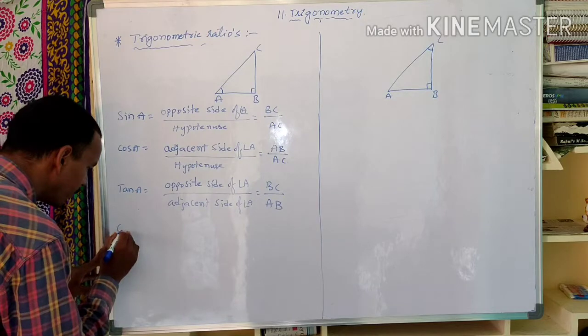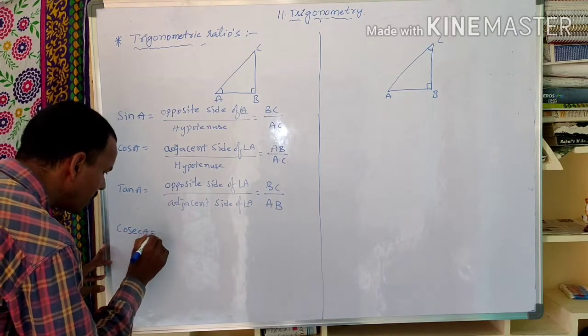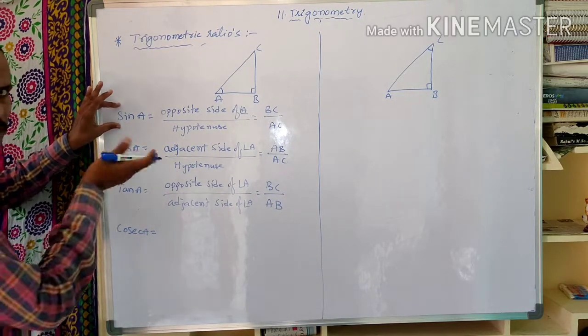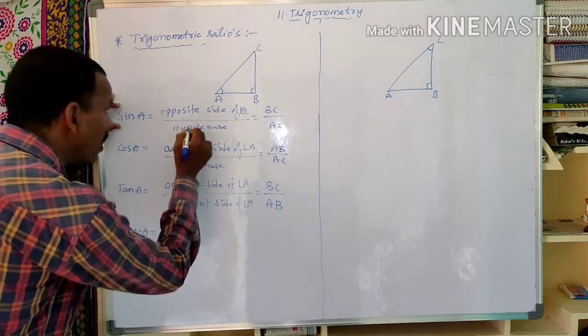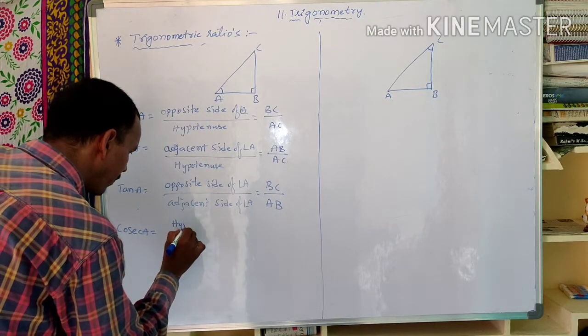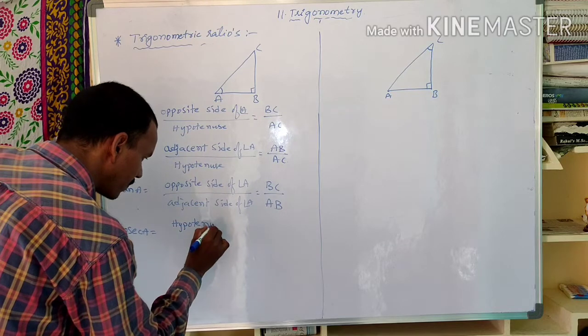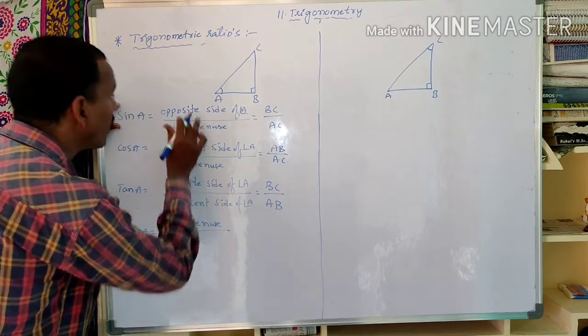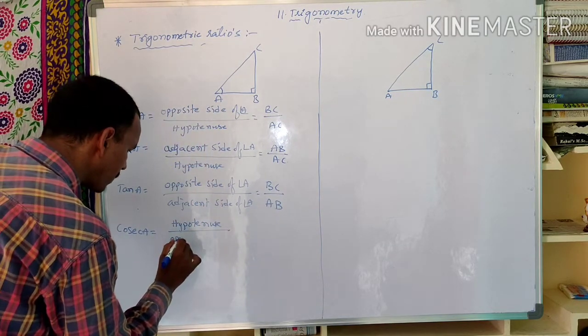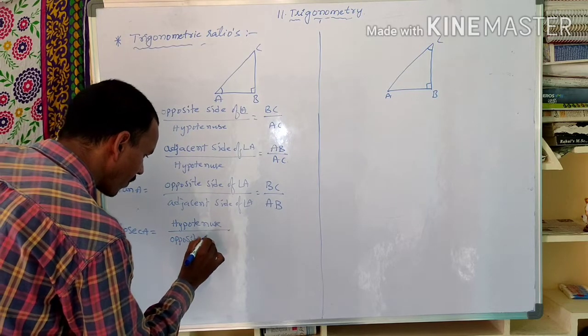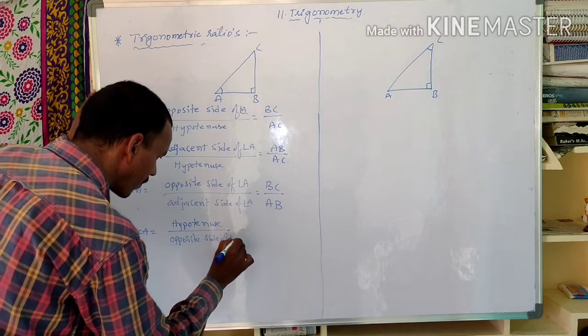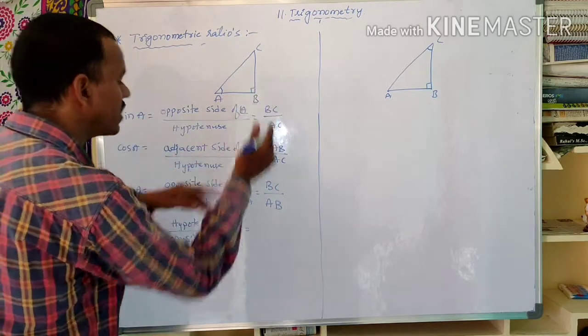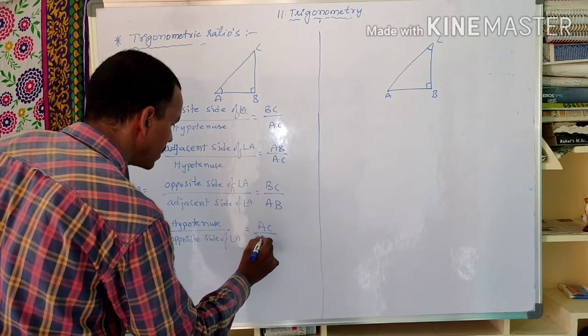Now cosec A. Cosec A means the reciprocal of sin A, that is, the reverse: hypotenuse by the opposite side of angle A. Its reverse is AC by BC.